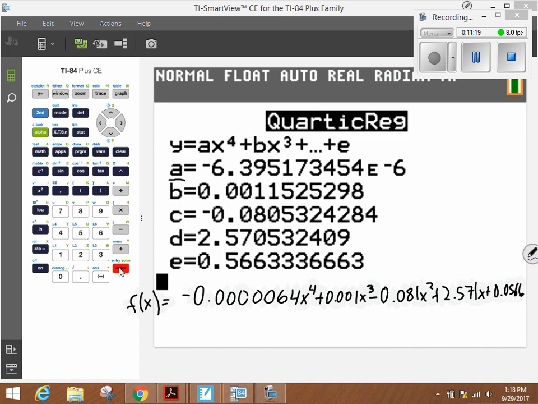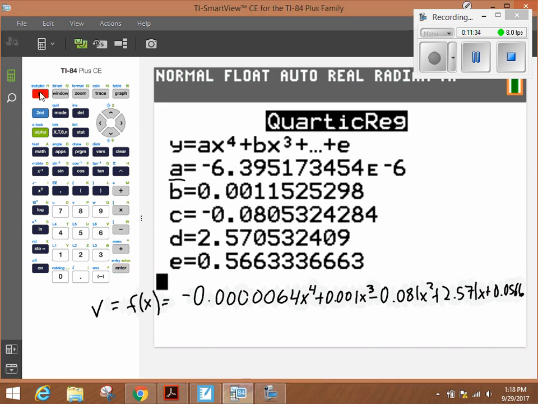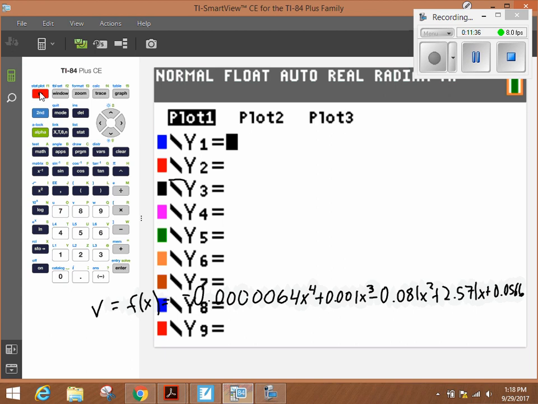And remember, we stored it as v, right? We stored that thing as v. So if you have an 83 plus, you actually have to enter this into your calculator over here in y equals in order to get it to graph it.